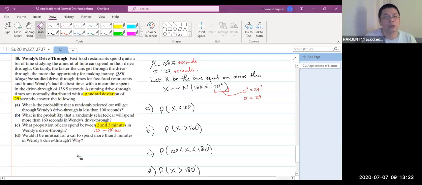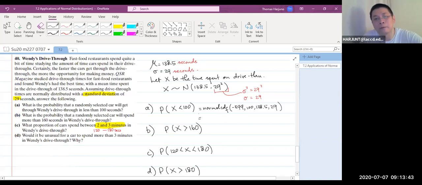The first one is normal CDF negative E99, 100, 138.5, 29.